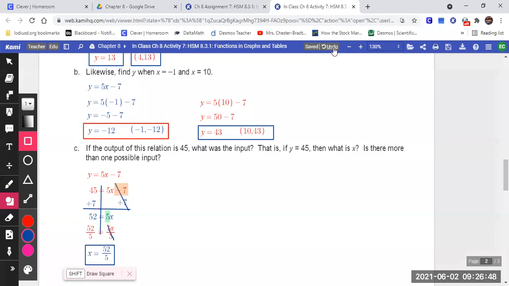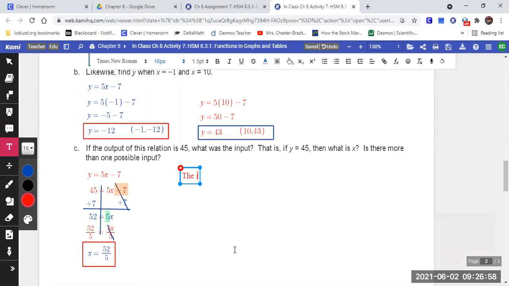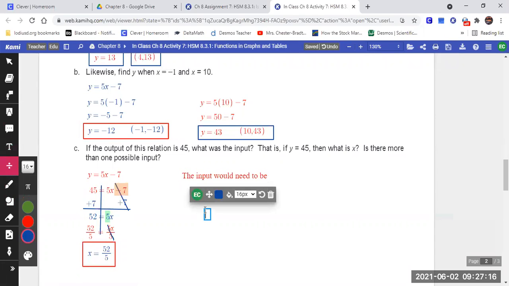No. So now we're going to go ahead and write our sentences, answer things. The input would need to be, what did we say our input had to be? X equals, remember I taught you guys this trick? 52 divided by 5. I want this to be red so it matches my sentence.